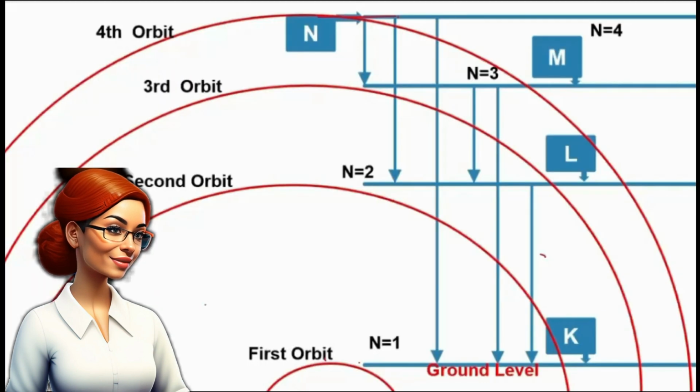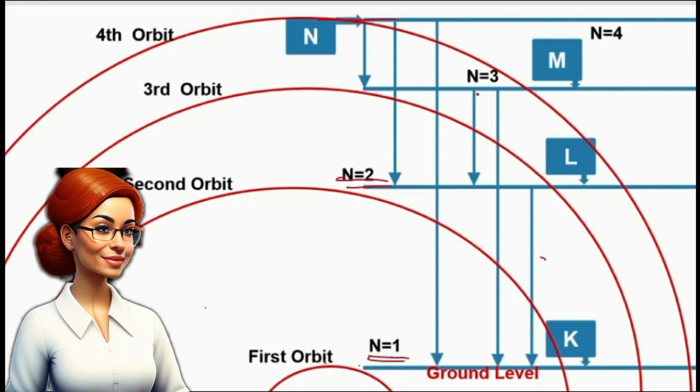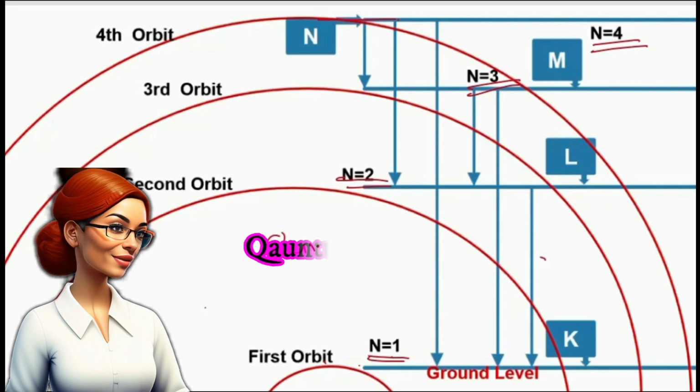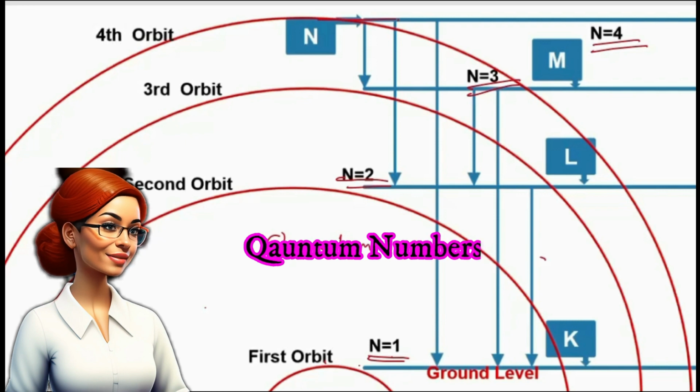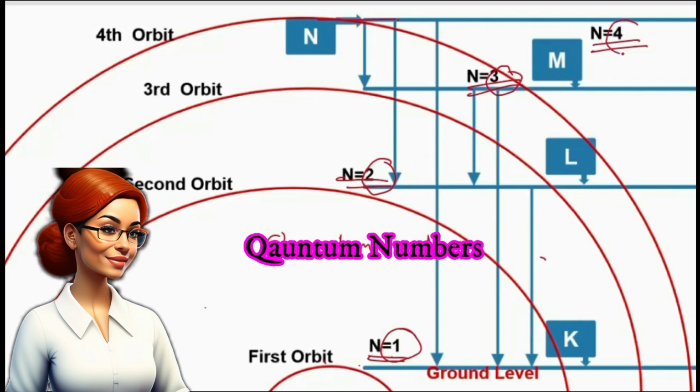The different energy levels are denoted by integers such as n equals 1, or n equals 2, or n equals 3, and so on. These are called quantum numbers. The range of quantum numbers may vary and begins from the lowest energy level to the highest energy level.